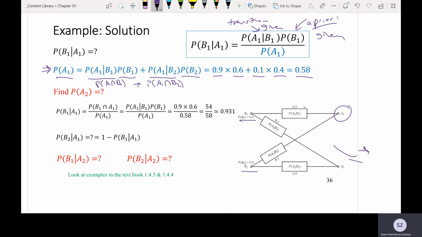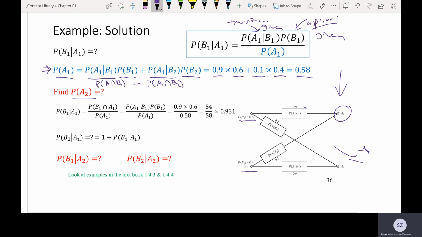So this means that 50% of the time you will find 0 at the receiver, and 42% of the time you will find 1. Why 42? What is A2? Why 1 minus? At the output, do you have a third alternative possibility?